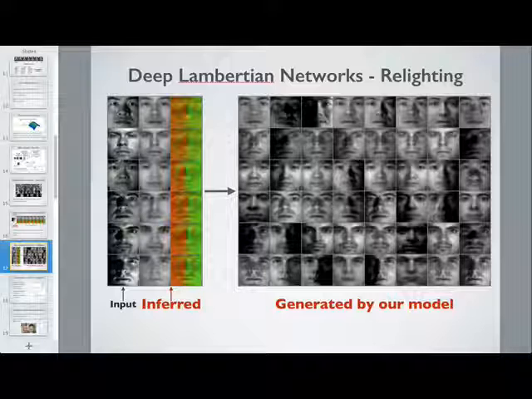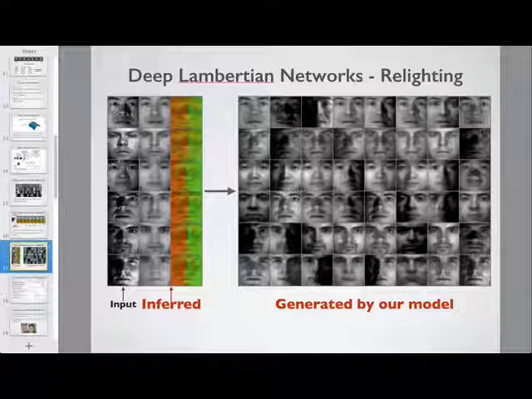But in these images generated on the right, we can have a more extreme lighting variation, such as the third image over, where the light comes from way to the right. These are completely synthesized by our model. This demonstrates that the model really captures something about the physics of lighting variations.